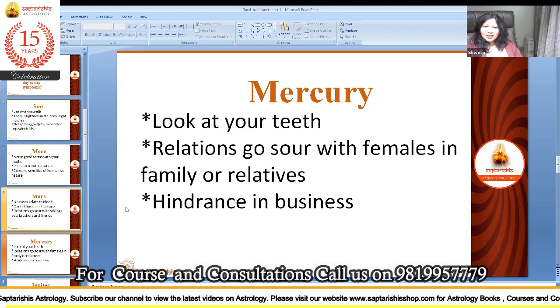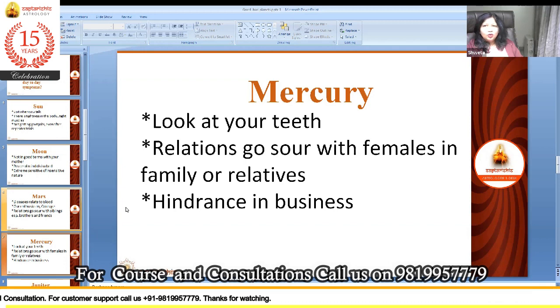So teeth is something that will give you the first-hand information here. If your teeth are getting yellowish, right, look at the teeth. If they are D-shaped, or maybe you've seen, which is something very common nowadays, people use braces because the teeth are not in good shape. If any such thing is happening, it means Mercury is weak and you need to do some remedy about Mercury.